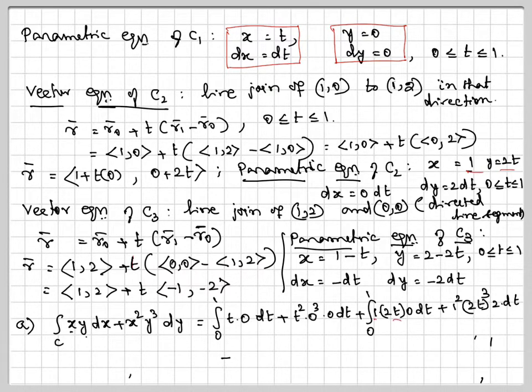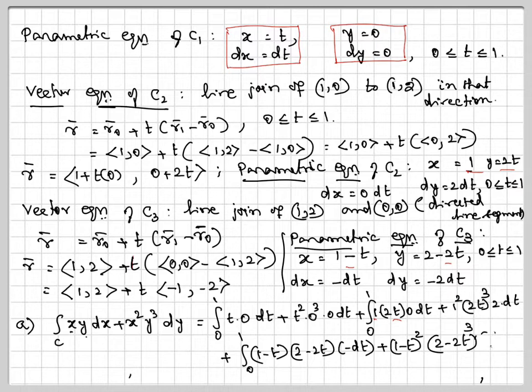Same way for C3, we have to remember x equal to 1 minus t and y equal to 2 minus 2t. So the integral from 0 to 1 of (1 minus t) times (2 minus 2t) times negative dt plus (1 minus t) squared times (2 minus 2t) cubed times negative 2 dt.